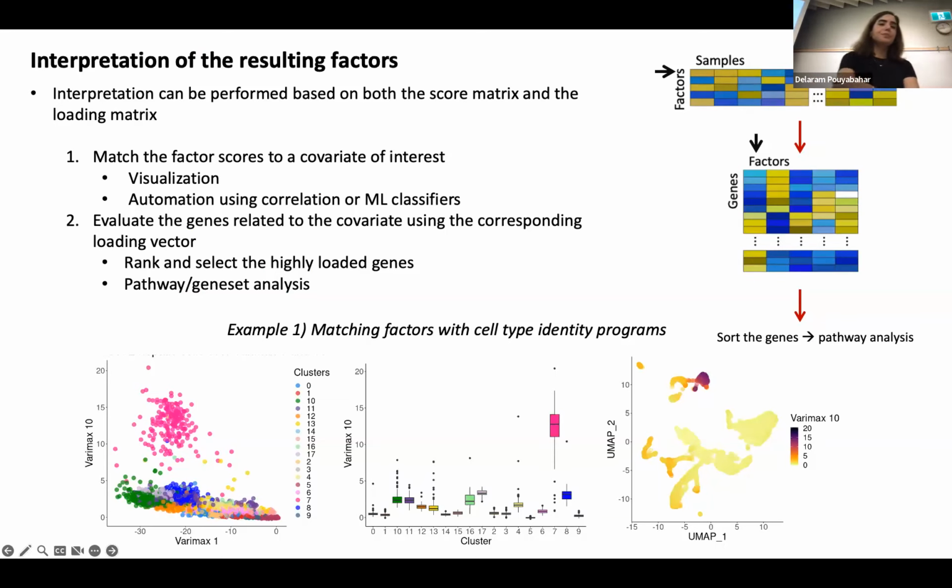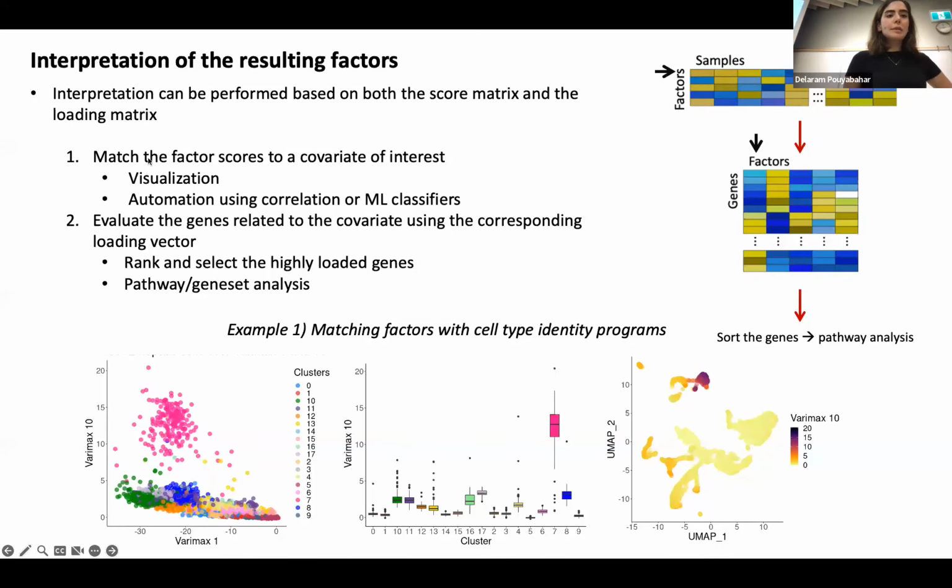You can either start with the score matrix and then figure out the genes using the loading matrix, as I will explain in a little bit, or you can just start with the loading matrix if you don't really care too much about figuring out the specific cell populations. If you want to directly move to the genes, you can also do that. But if you're going to start with the score matrix, this is the way that you would do it.